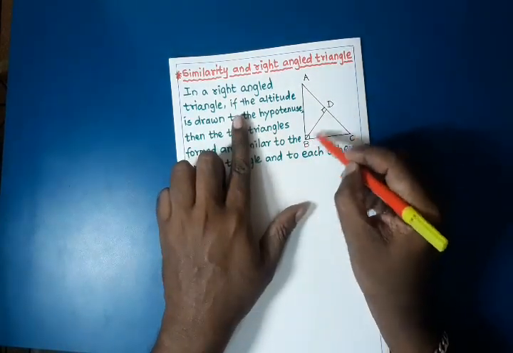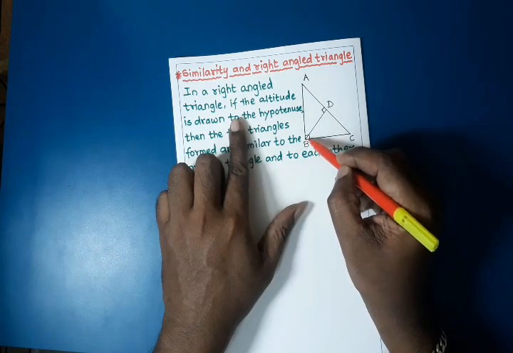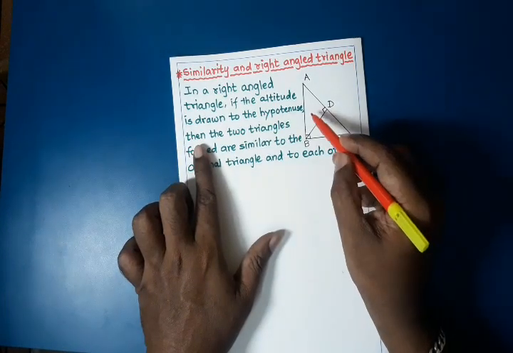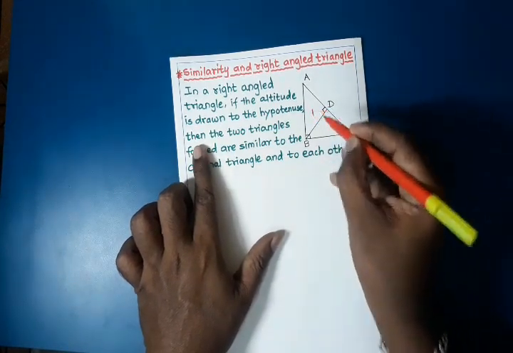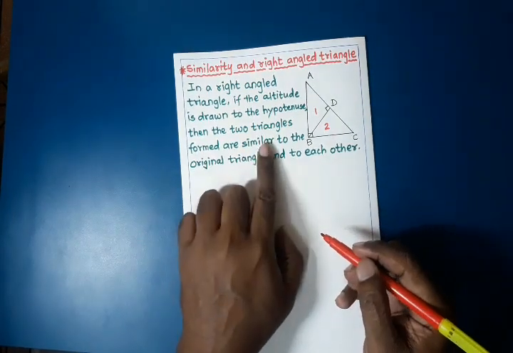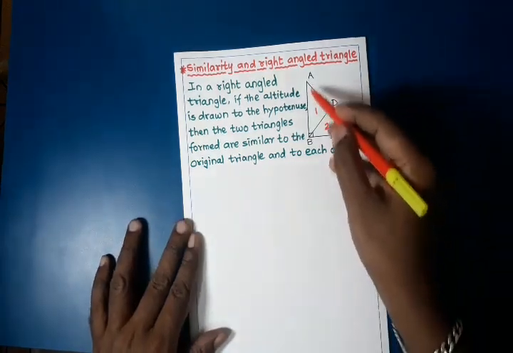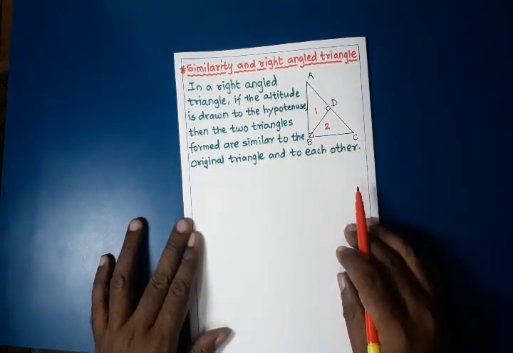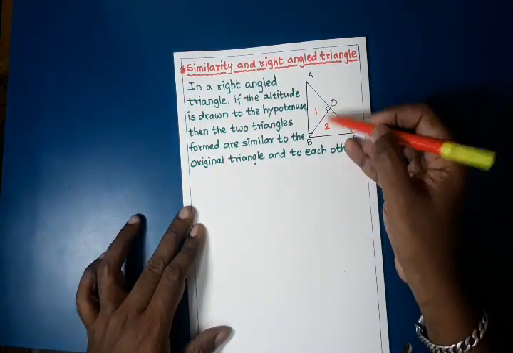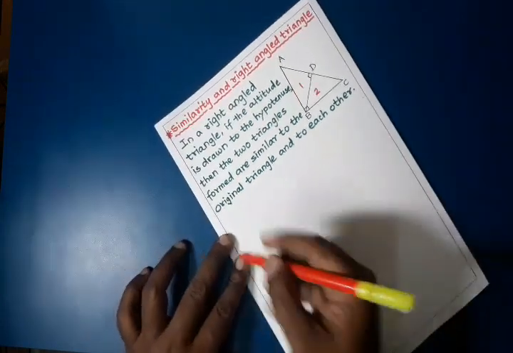If the altitude is drawn, that is a perpendicular drawn from the vertex of the right angle to the hypotenuse, then the two triangles formed, this is the first triangle and this one is the second triangle, are similar to the original triangle, and the original triangle is triangle ABC, and to each other. That means these two triangles are similar to each other. Okay, so let's write given.